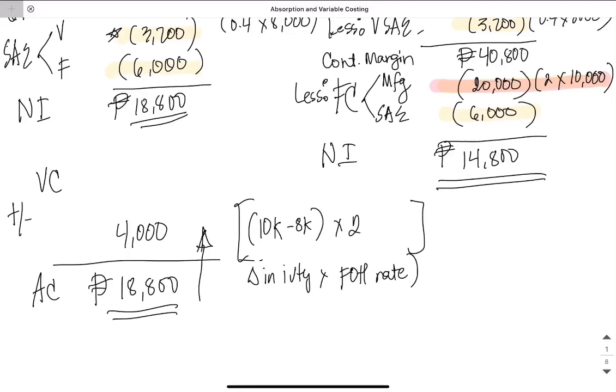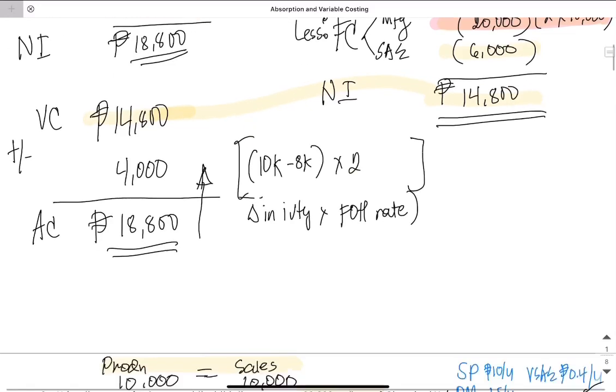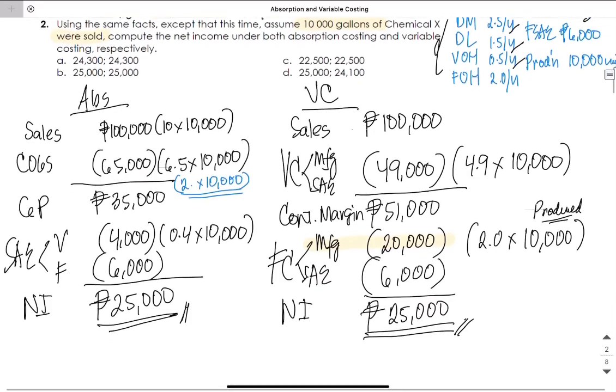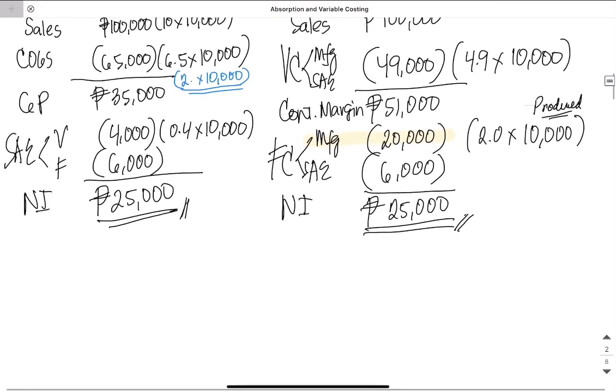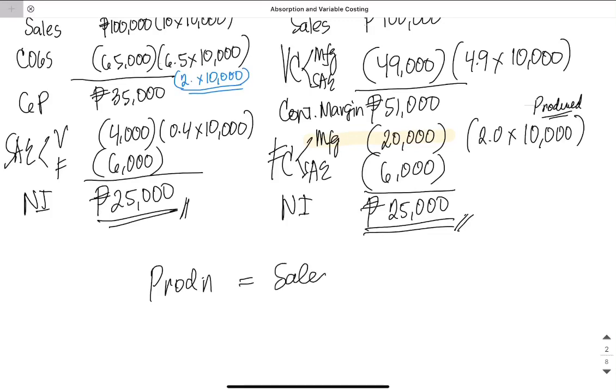So 18,800 minus 4,000 will give you 14,800. So they are the same, 14,800. And for question number 2, there is no difference. Why? Because production is equal to sales. So that's it for problem 1.